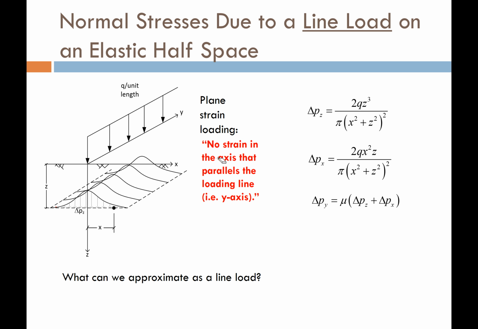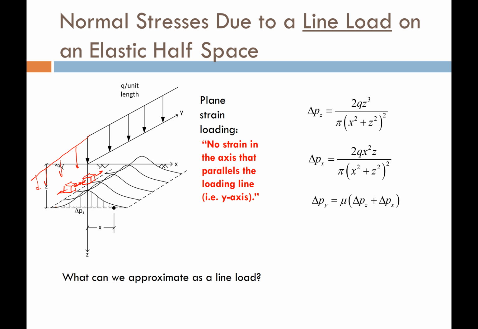Which means if my little soil element, draw it in 3 dimensions here, wants to strain outwards in the y direction, it can't, because this line just keeps going infinitely in that direction, which means that the soil element next to it along that same line is also trying to strain.